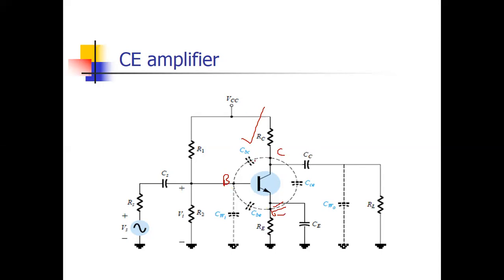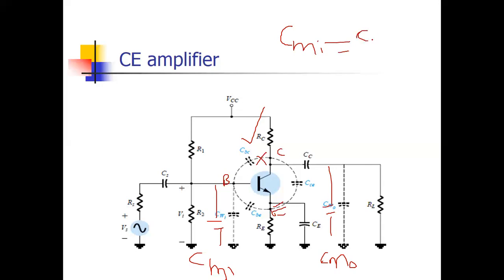So as per Miller theorem, we'll cut this capacitance and connect one at input and one at output. That is input Miller capacitance CMI and output Miller capacitance CMO. If you want detail, please follow the previous lecture. There I have done one derivation. So the value of CMI, if you remember, is equal to C(1 minus A), and CMO is C(1 minus 1/A).